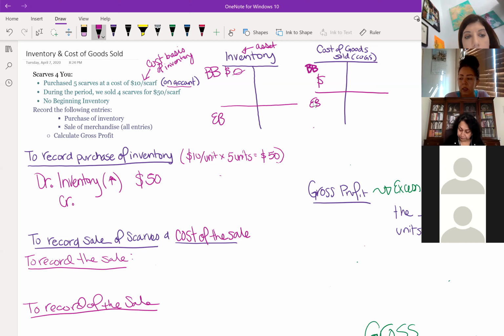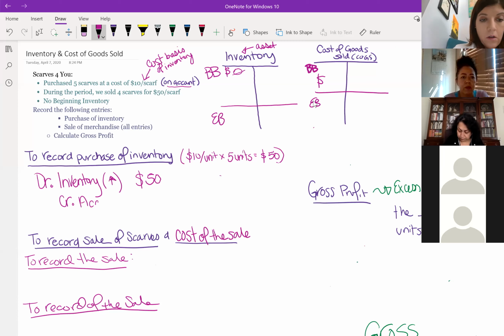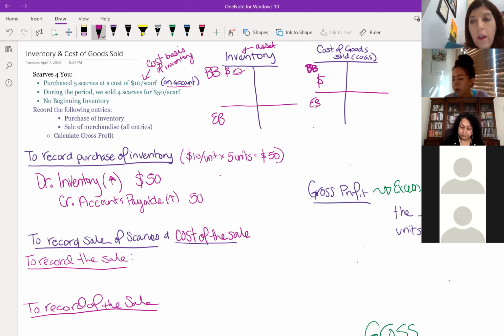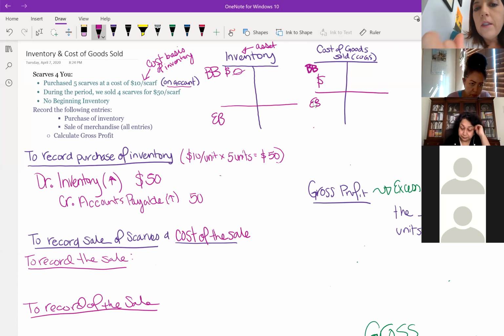And we're going to credit accounts payable, increasing accounts payable. We now owe $50 for that inventory that we purchased. So what happens in our inventory T account? We now have 5 units at $10 per unit for a total of $50 that we're increasing inventory by.